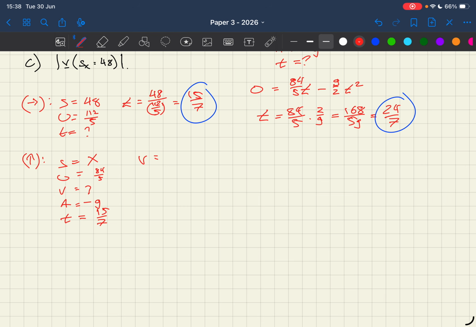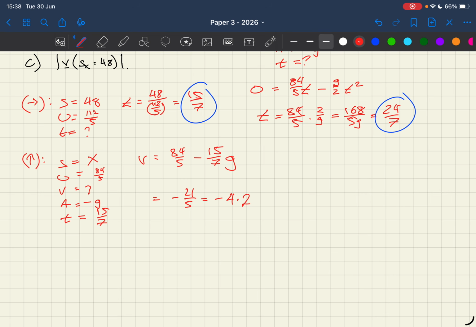So v is going to be u, 84 on 5, plus at, so minus 15 on 7 lots of g. Doing that, what do we get? 84 on 5 minus 15 on 7 times 9.8, and I get an answer of 21 on 5. So minus 4.2. Lovely.